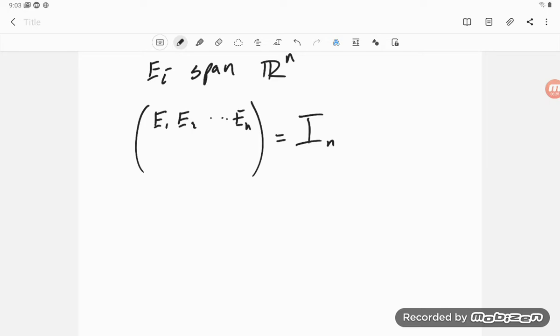Okay, I made a non-singular matrix, so the columns are independent.